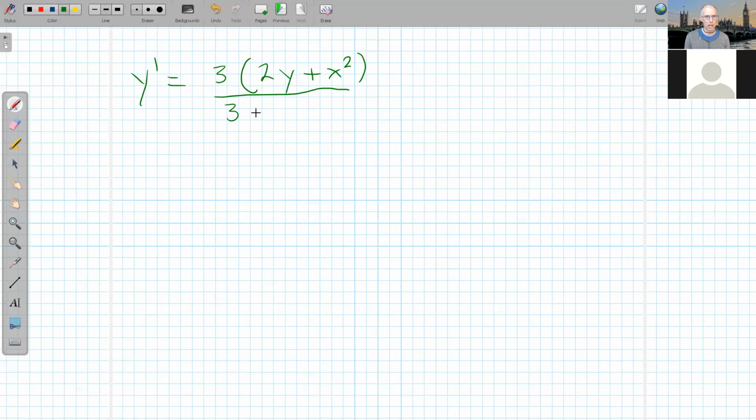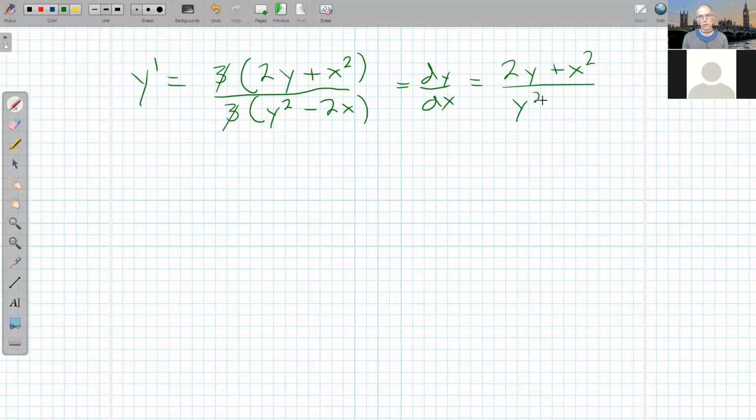Factor a 3 out of the bottom, which gives me y squared minus 2x. And then the 3's divide out. All right, so now here's my new dy dx, my new slope function. 2y plus x squared over y squared minus 2x.